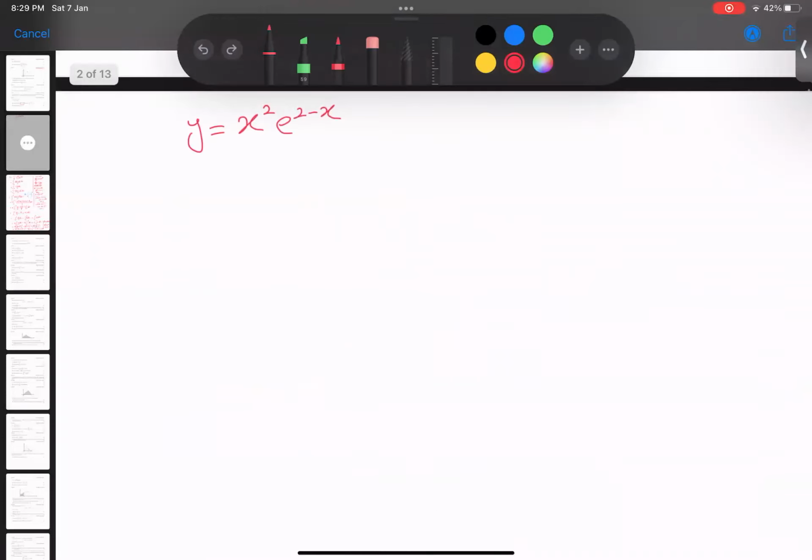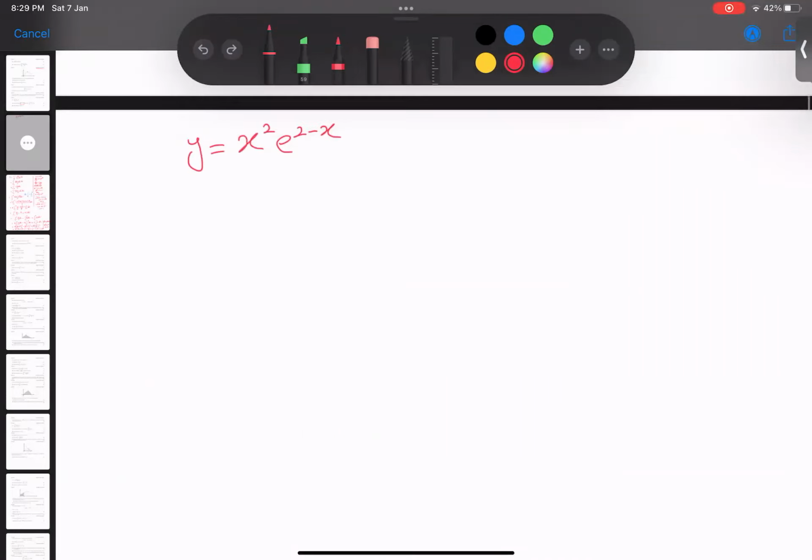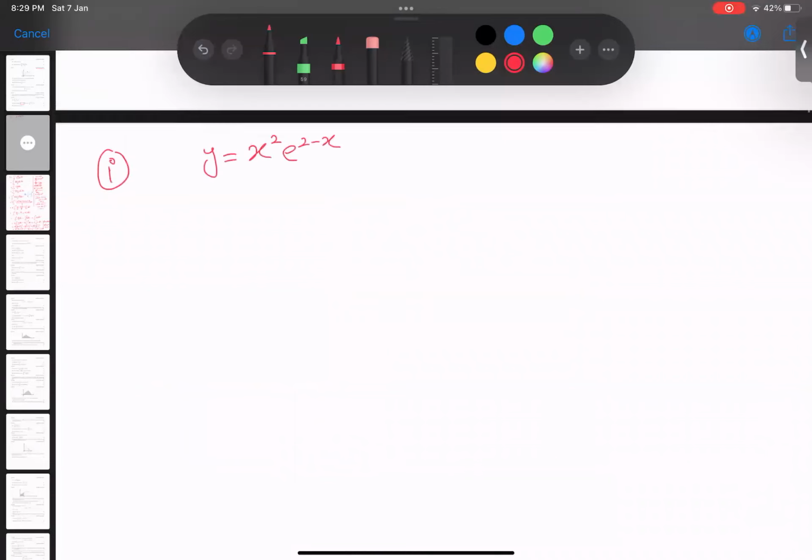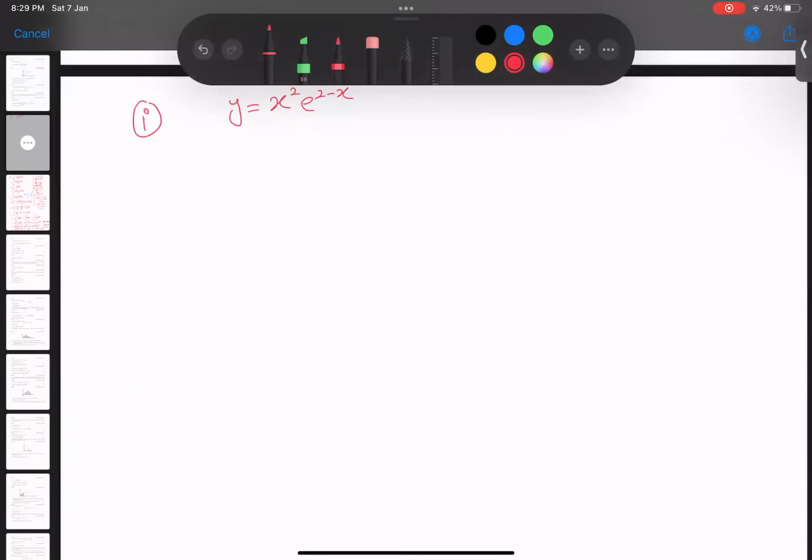As they're multiplying, I use the product formula for dy over dx. Product formula means you copy the first term and differentiate the second, plus copy the second term and differentiate the first.